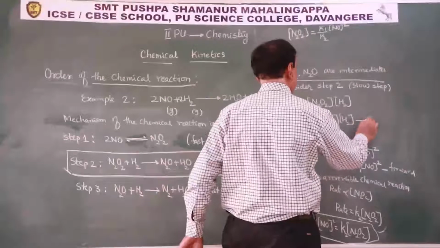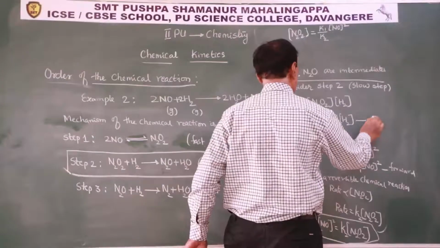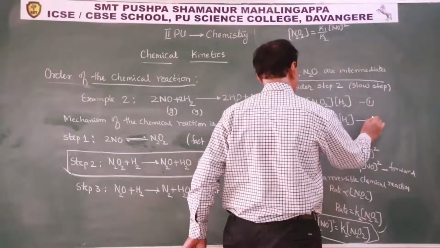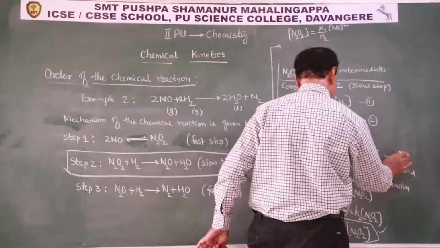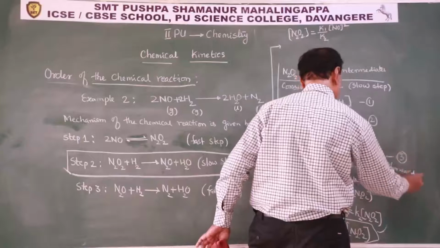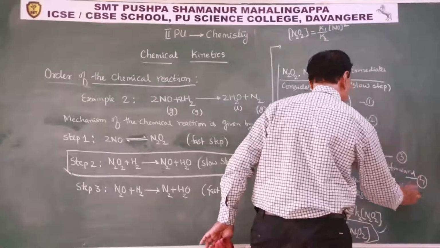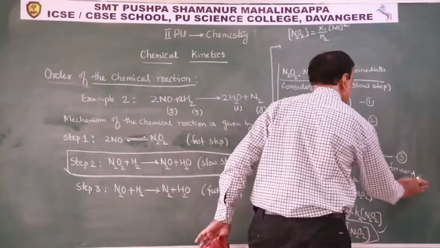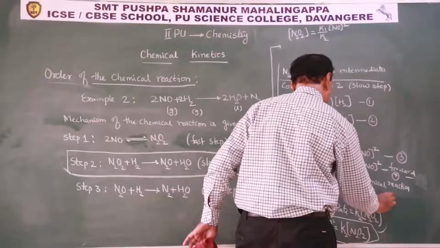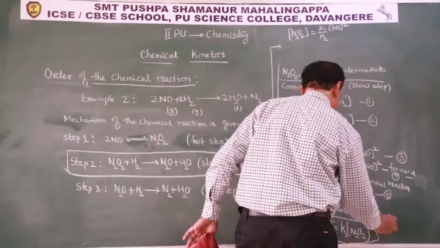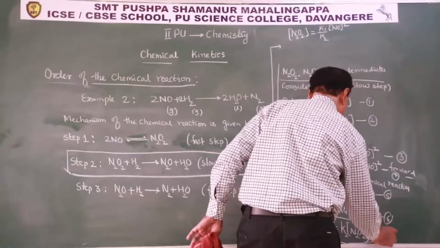Suppose this is equation number 1, this is equation number 2, this is equation number 3, this is equation number 4, this is equation number 5, this is equation number 6, and suppose this is equation number 7.